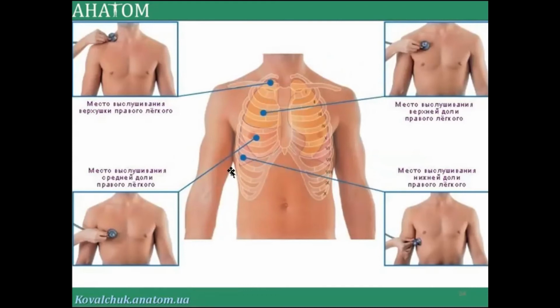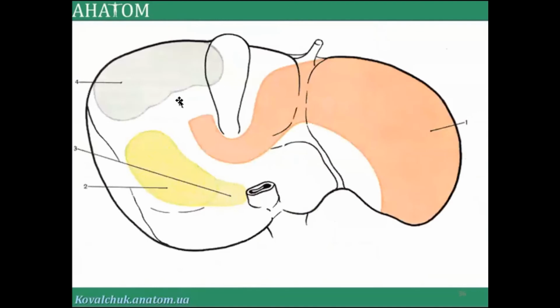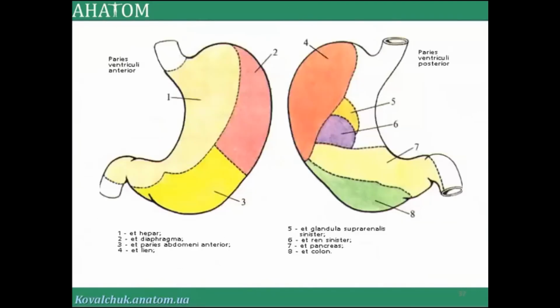Different points between the ribs are different points for auscultation of different parts of the lungs. Liver, for example, has its location, skeletotopy, and syntopy, which is which different organs touch the liver, for example, the stomach.